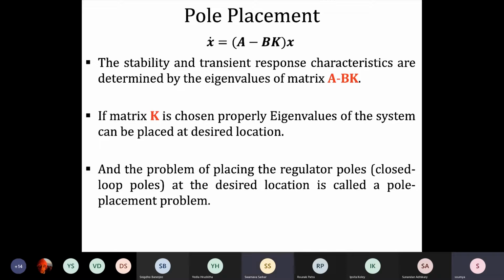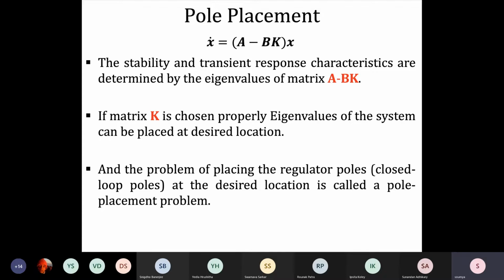Yes, sir. So I have something in mind that the system should behave like this. This should be the damping, this should be the settling time, this should be the rise time, and so on. Based on those ideas, I am going to put the poles at certain locations. Now, those locations are nothing but the eigenvalues of A minus BK, right?